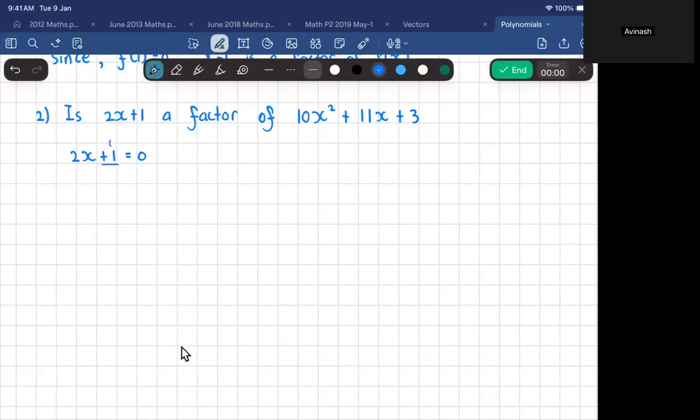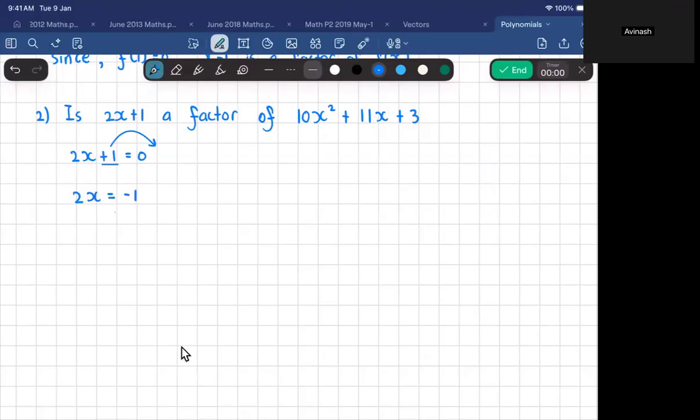Move it across. Now, 0 means there's nothing on the right-hand side, so when you move across a minus 1, you don't need to put back the 0. You could just say 2x is equal to minus 1, because we moved the plus 1 across to the right-hand side, which had nothing in it, but now it has minus 1 there. You understand? Yes, sir.